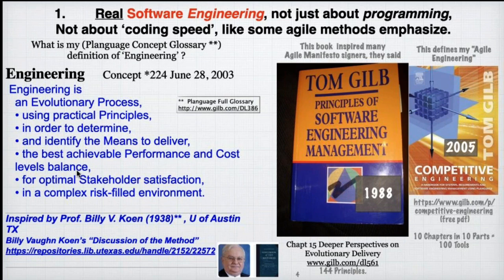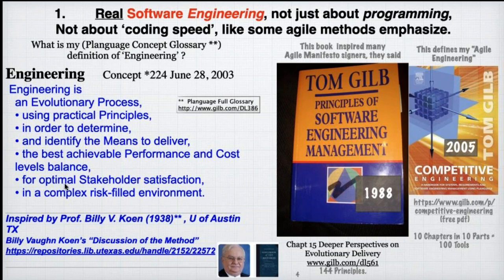And then it's got this word balance, and I love the word balance. You can't just optimize one quality. I saw something recently, got to maximize the security. I said, no, because that would steal all the budget and steal qualities from it. You have to make do with sufficient security, okay? But you can't just maximize it at any cost. For optimal stakeholder satisfaction, that means satisfaction of a mix of stakeholders, okay?